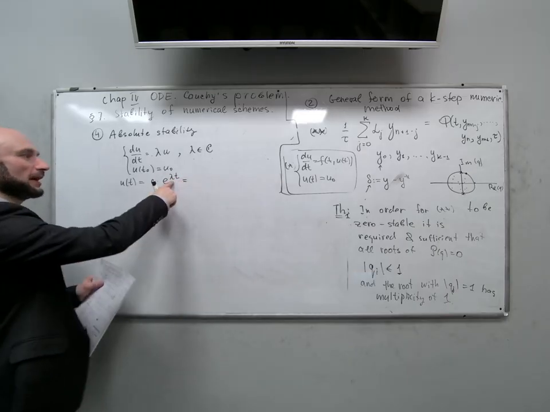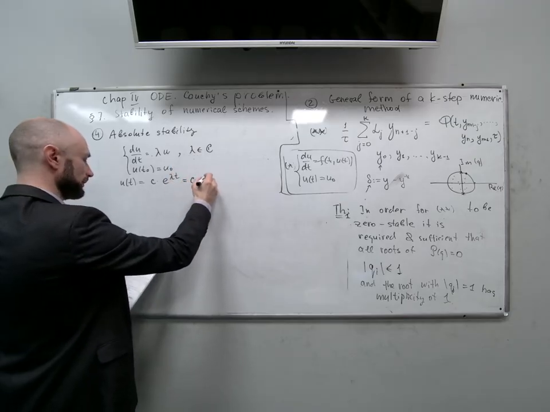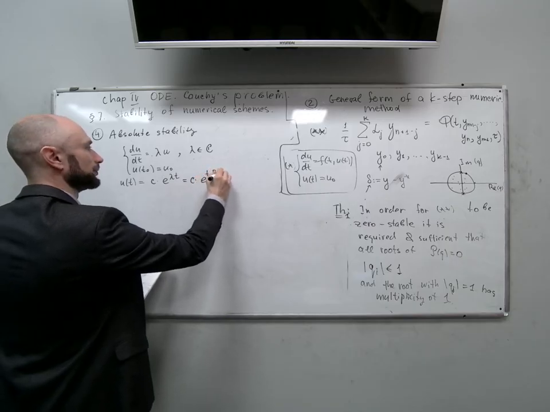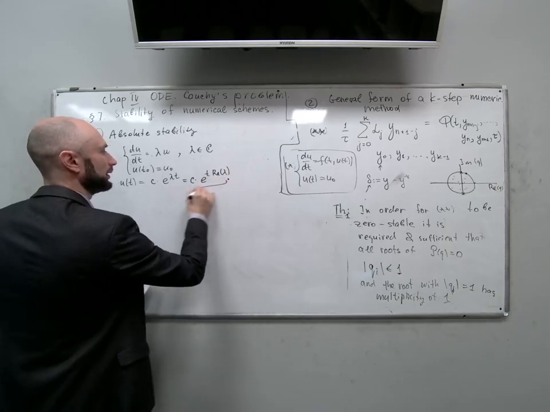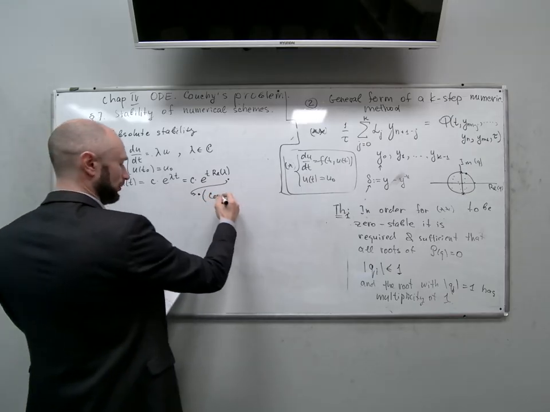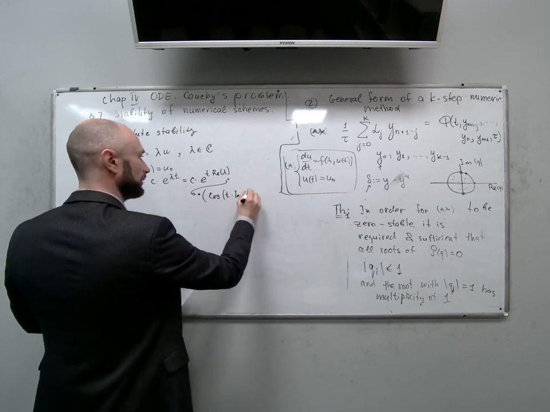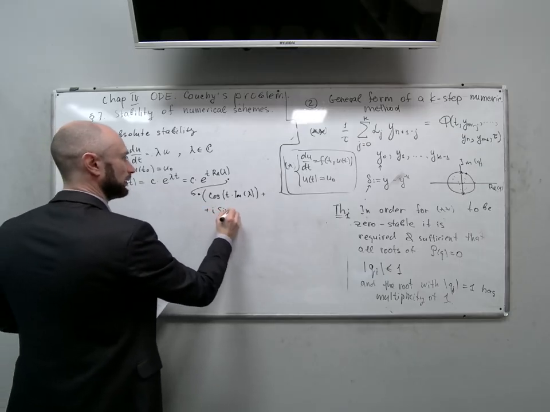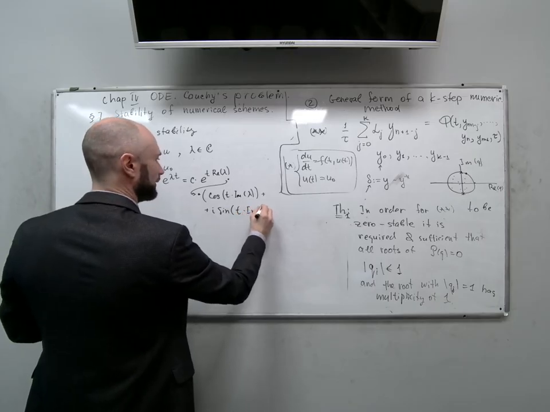Okay, and if lambda is a complex number, this can be written in a trigonometric form as follows, multiplied by cosine of t times the imaginary part of lambda plus i sine of t times the imaginary part of lambda.